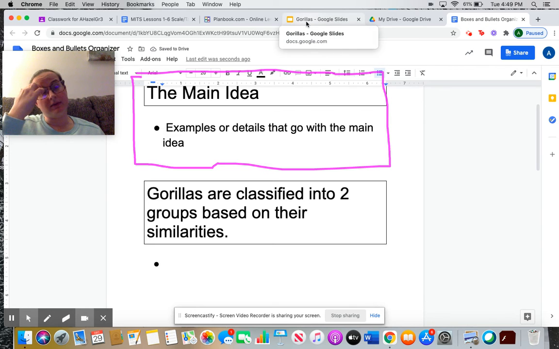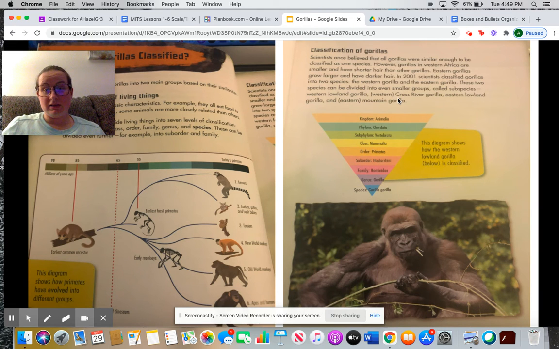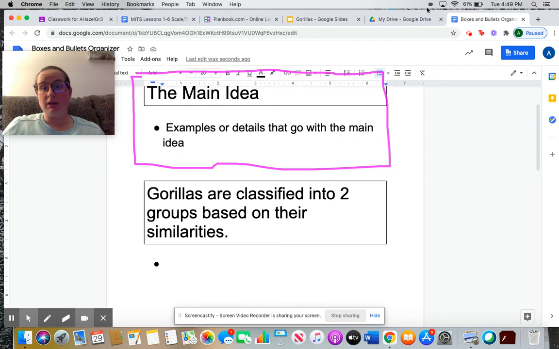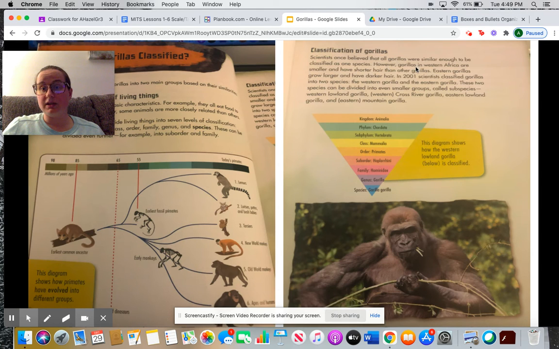And the thing about when we read these information texts is there's a lot of information. So a lot of times I like to go back and look again. Scientists once believed that gorillas were similar enough to be classified as one species. Okay, right? But we know they're in two groups now.